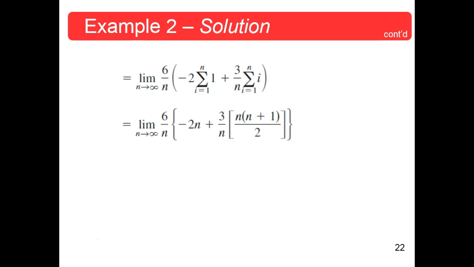This will be n squared plus n, and let's pull out the half here. So 3 halves, n squared plus n over n, and then we'll multiply that by this. So we're going to do all this in one fell swoop here, I think.